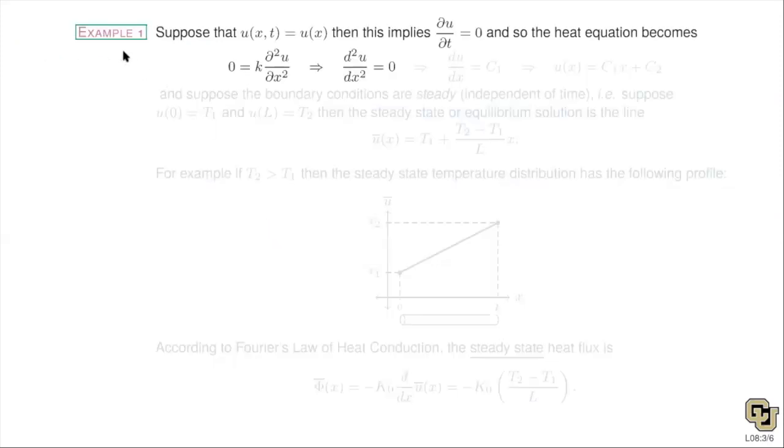We'll analyze the blinking lights case mathematically in a couple of slides here. So we started by just solving a baby problem. We said, okay, what would the thermal equilibrium or steady state solution look like?